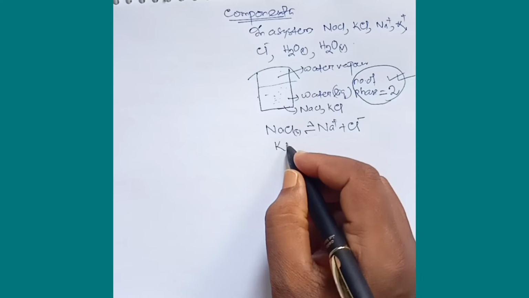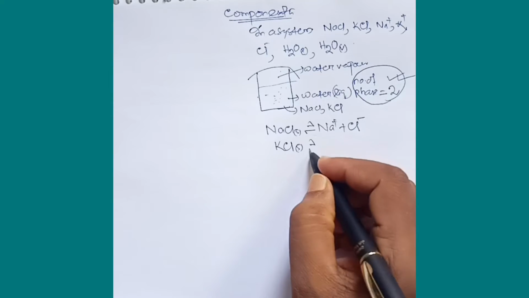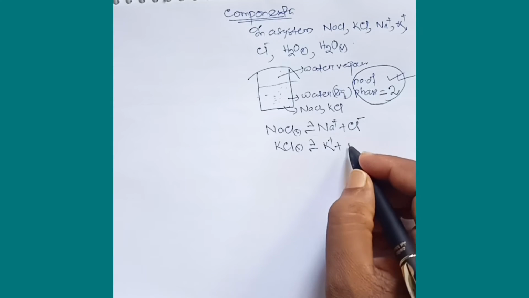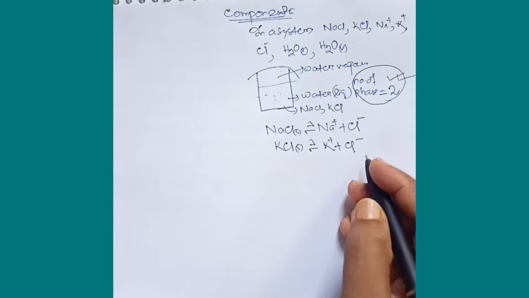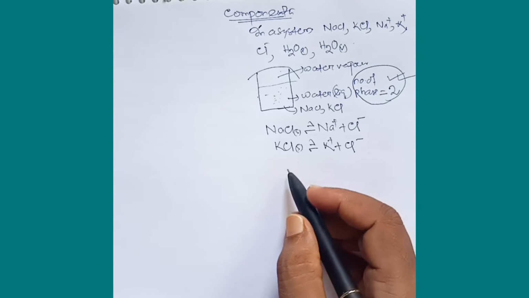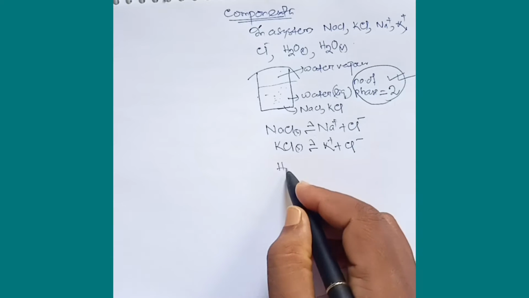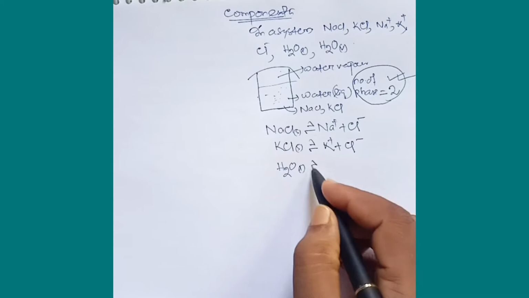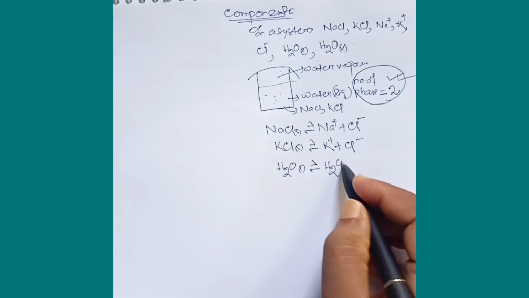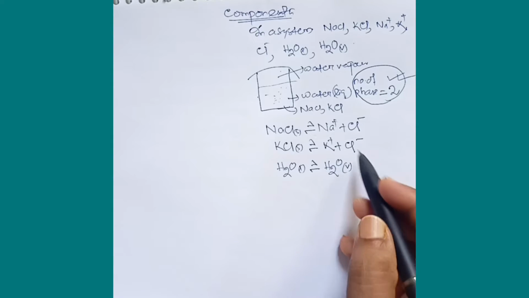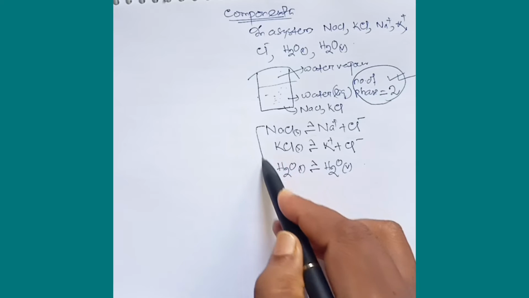Similarly, when potassium chloride is dissolved in water, it will form K+ ion and Cl- ion. Similarly, in this system, water in liquid state is in equilibrium with water in vapor state. So what is the number of relationships?